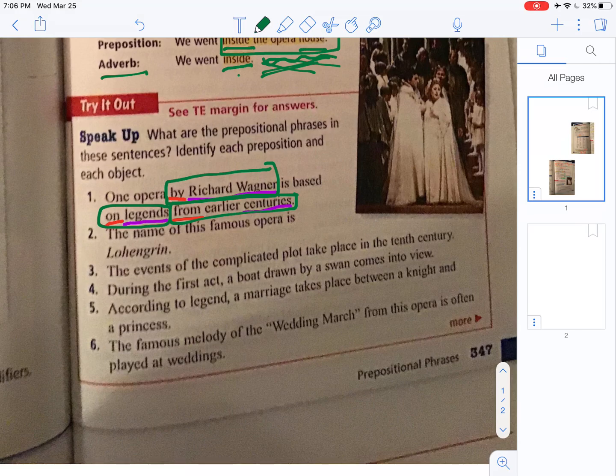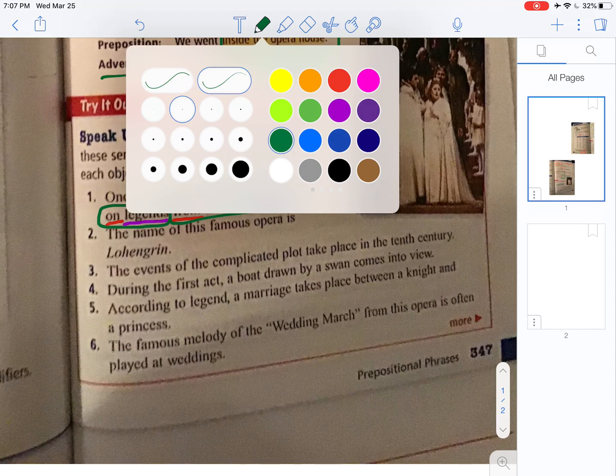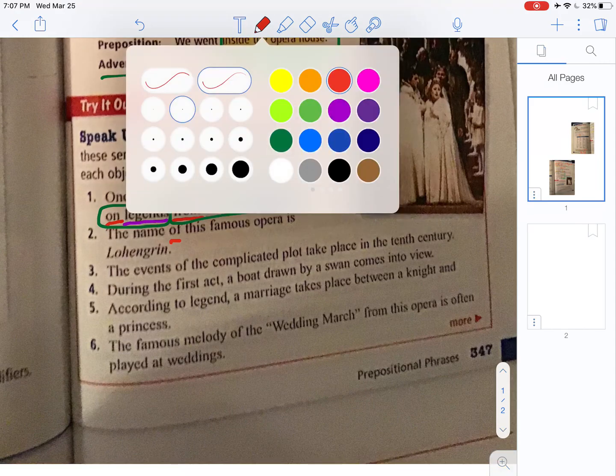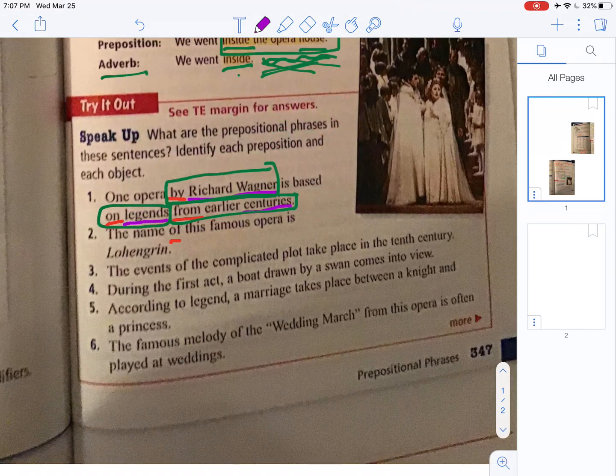Okay, number 2. The name of this famous opera is Lohengrin. Okay, so first let's find all your prepositions. And in this one, I only see one, and it is of. Then I have to find what is my object of preposition, the name of this famous opera.